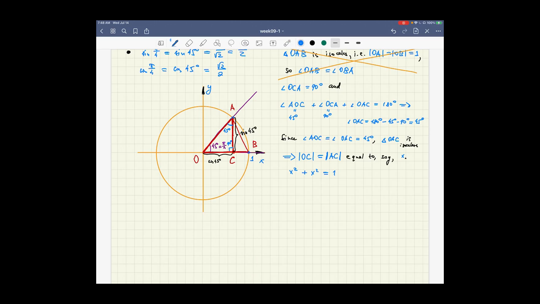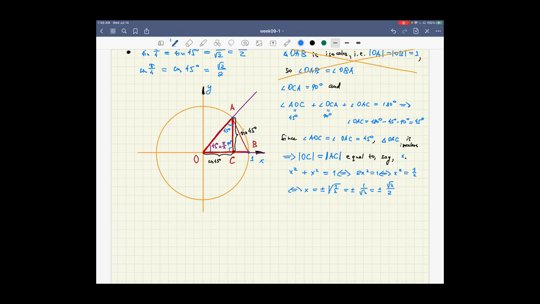Of course, from here it's easy to find x. We have 2x squared equals 1. That is equivalent to x squared being 1/2, and that is equivalent to x being plus minus root of 1/2, which is plus minus 1 over root 2, which is plus minus square root 2 over 2.